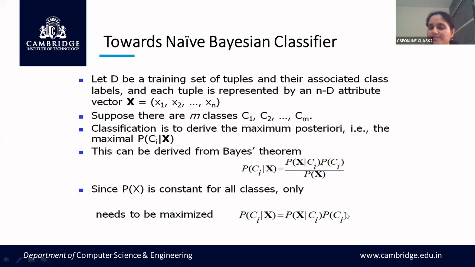This is the prior probability, and this is your maximum likelihood. How many times whatever you are trying to test repeats in your trained data set is your maximum likelihood. If you multiply these two, you will get the posterior probability of that particular instance.